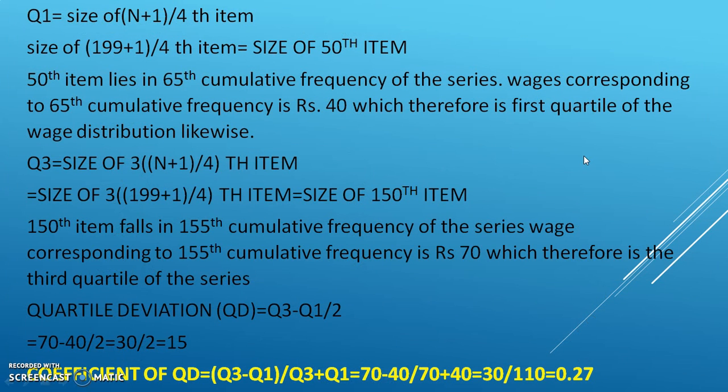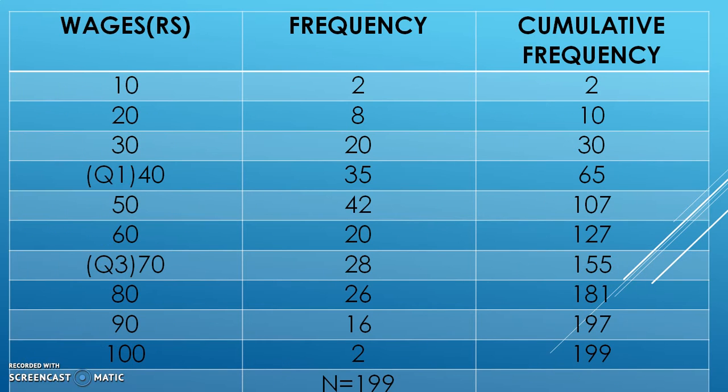Next Q3, the formula is 3 times n plus 1 by 4th item of the series, and when we calculate it, we'll have 150th item. Where will the 150th item fall? It will fall here because it is more than 127. So Q3 will be 70.